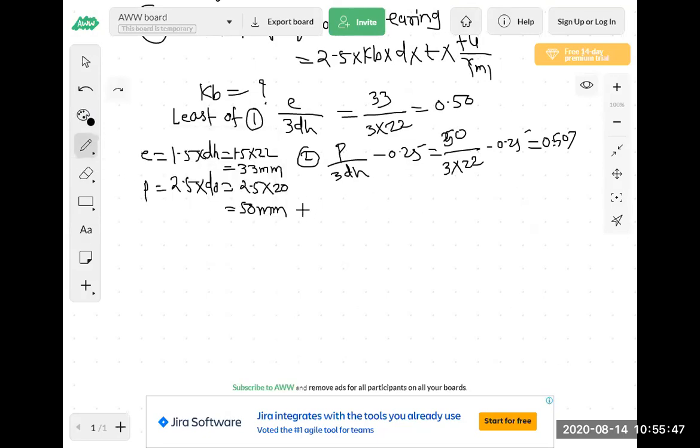Now the third value is FUB divided by FU, correct? 400 divided by 410, I think 0.975, correct?